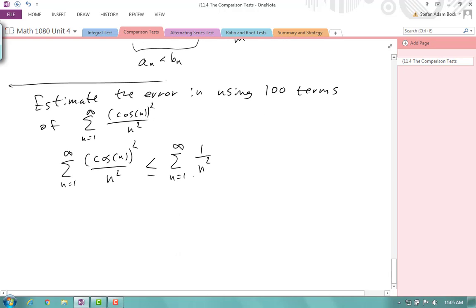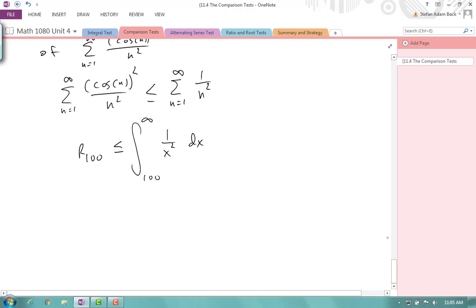But this was a p-series, something which the integral test always works on, because they'll be strictly decreasing. It creates a continuous function, 1 over x squared, which remains positive. Then r sub m, or r sub 100 I should say, would be less than or equal to the error in using 100 terms of 1 over n squared, which is in turn less than the integral from 100 to infinity of 1 over x squared dx.